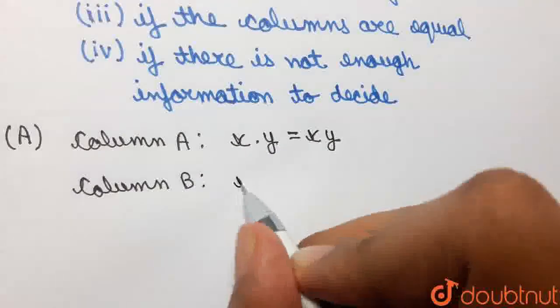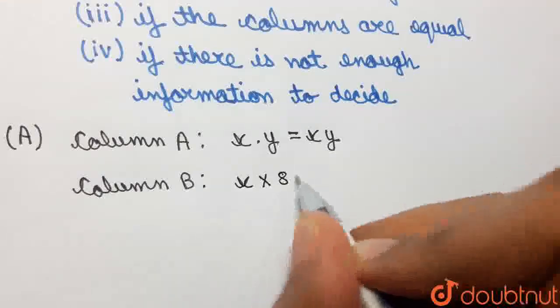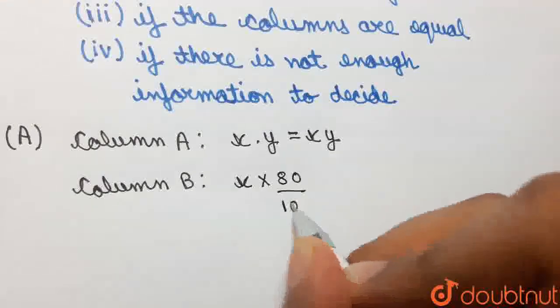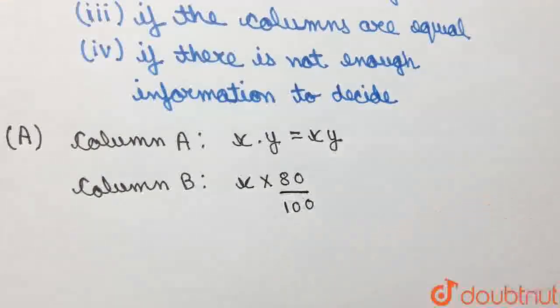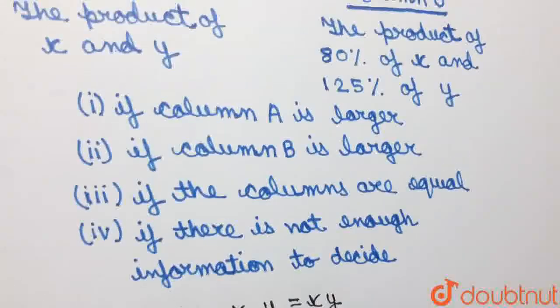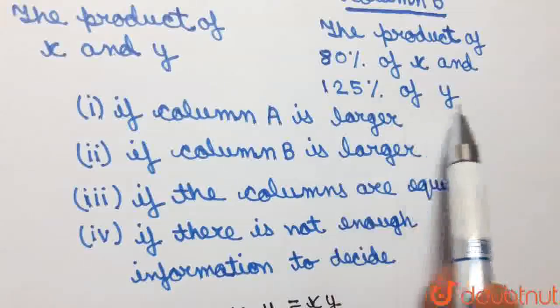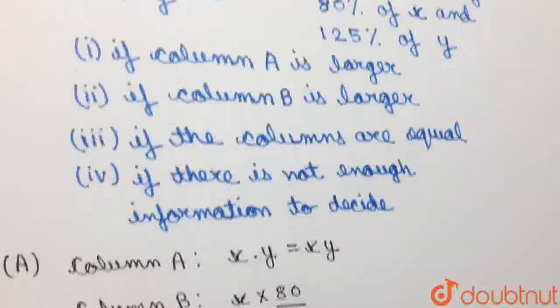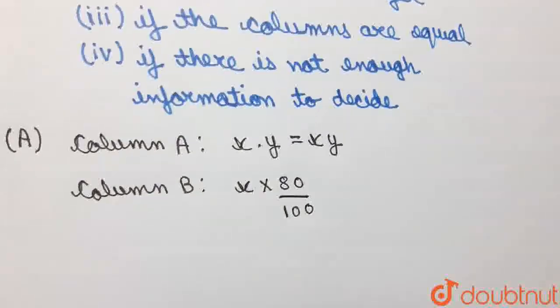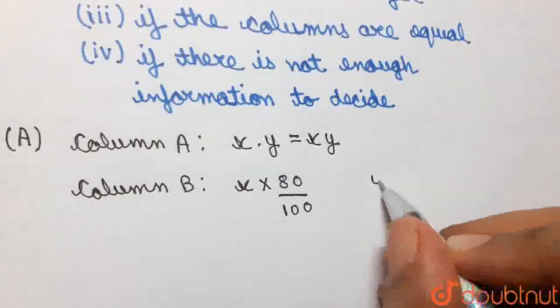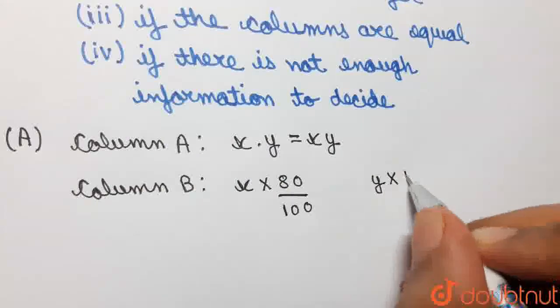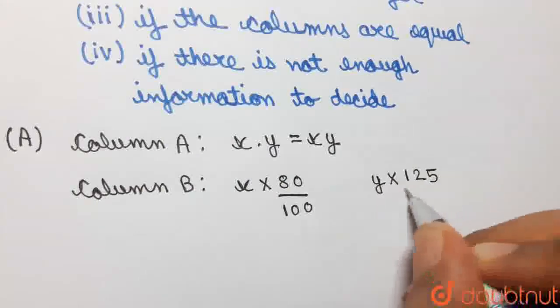Okay, 80% of x is x into 80 by 100, and with this we have to multiply 125% of y. Okay, now 125% of y is y into 125 by 100.